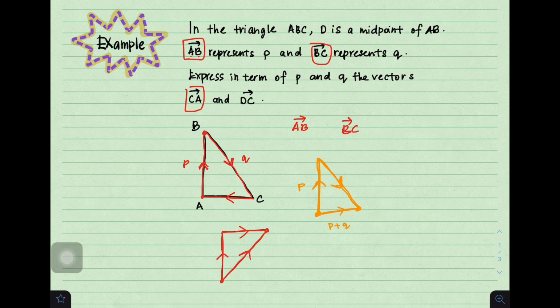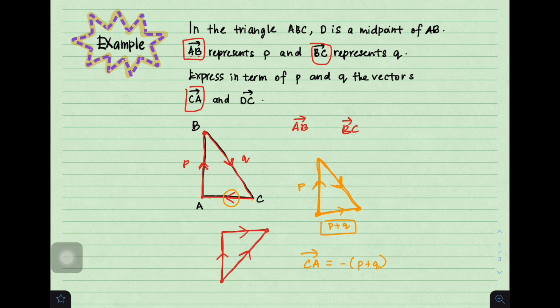But then what the question asks you is the vector C to A, means from here to here, so the direction is opposite. So when the direction is opposite, what will happen to this vector? It will be negative of P plus Q. It's simply like that.